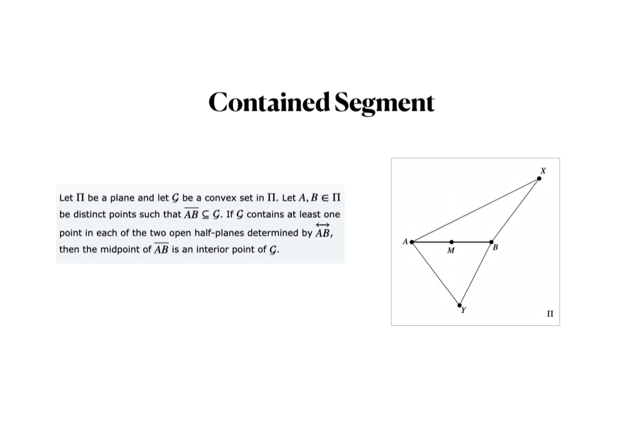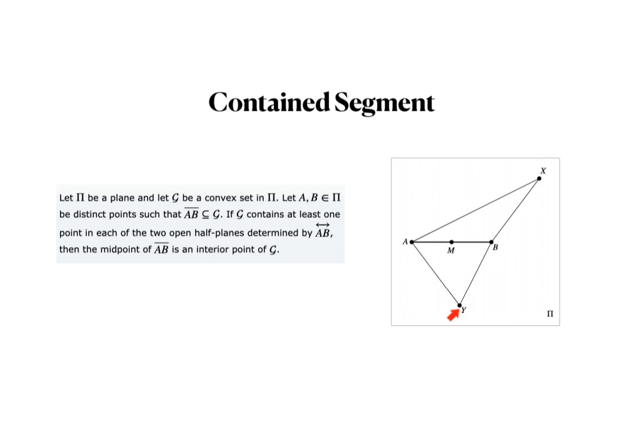We can tell if the midpoint of a segment is contained in a convex figure like this. We're going to let pi be a plane and G be a convex set in pi. Let A and B be elements of pi such that they're distinct points, and that AB is a subset of G. If G contains at least one point in each of the two open half planes determined by AB, and we can see here I have my segment AB.